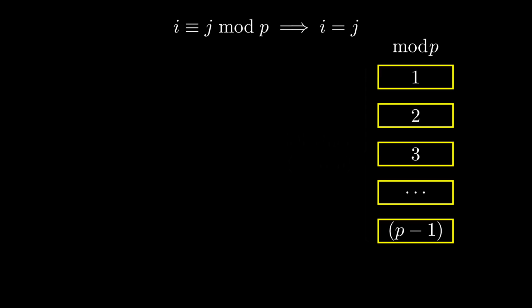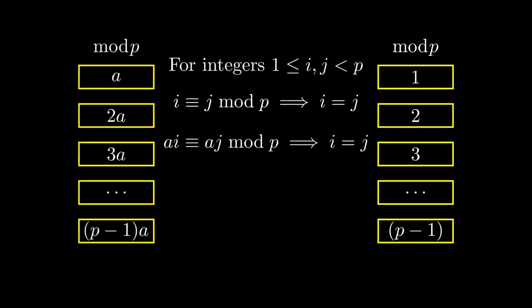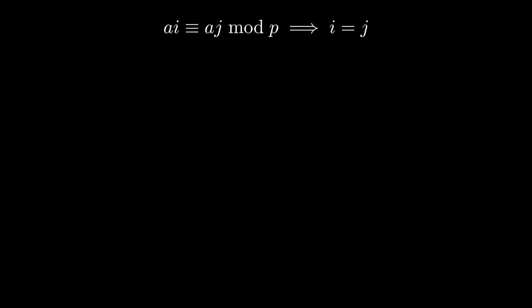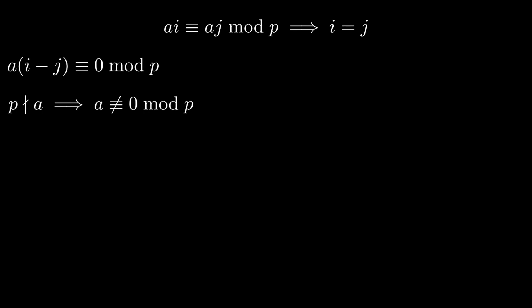Okay, so let's return to the second statement. As usual, we subtract on both sides, and now we can factor out an a. But remember that since p did not divide a, we chose a that way, then a cannot be congruent to 0 mod p. And thus, a cannot be the factor that turns a times i minus j to be 0 mod p.